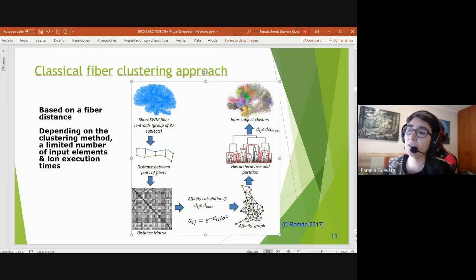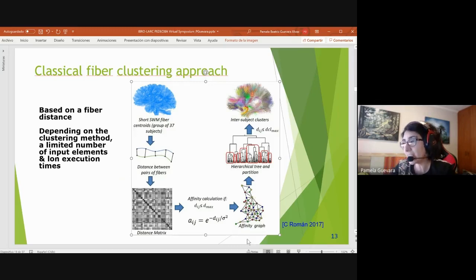You can use a threshold to eliminate the very high distances, and then you construct an affinity graph. In this graph, you have connected all the fibers that are very similar, and the edge here is the similarity between the fibers.